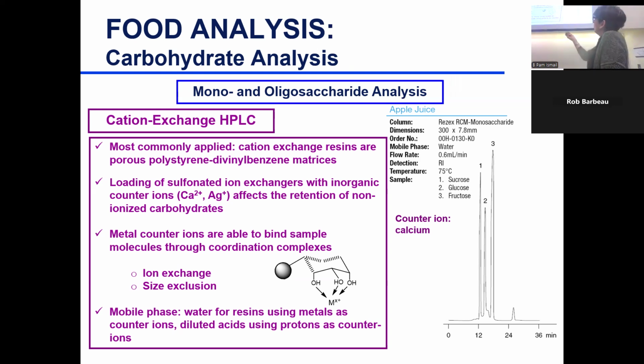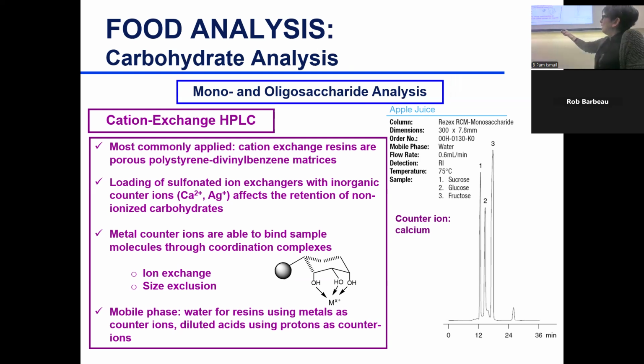And the only way to have them carry a positive charge is to introduce a cation. So either divalent metal ions or dilute acid, where you have positively charged protons.